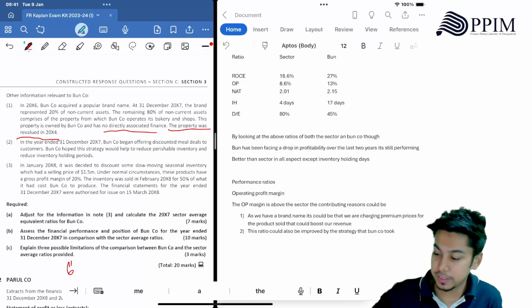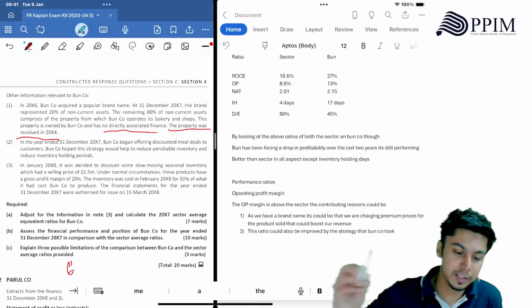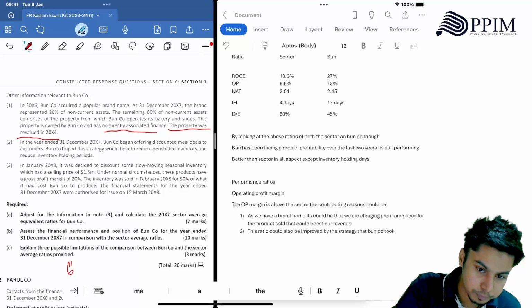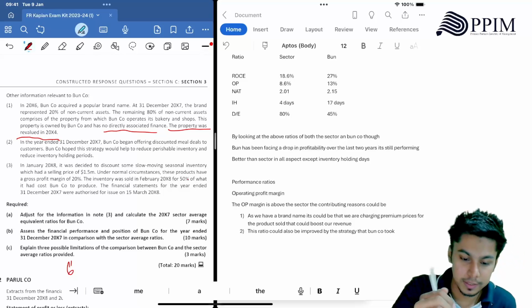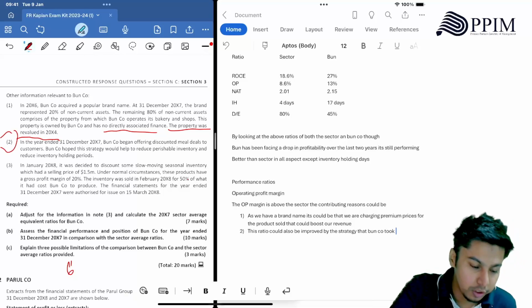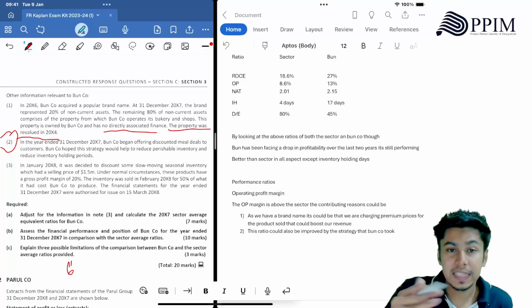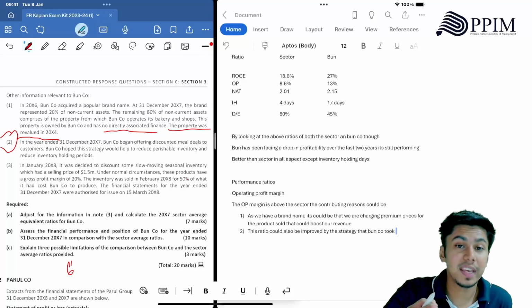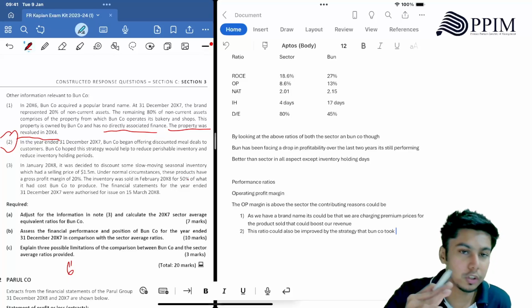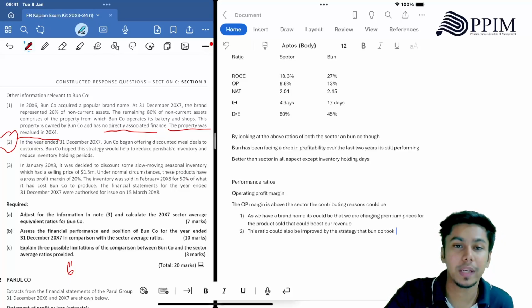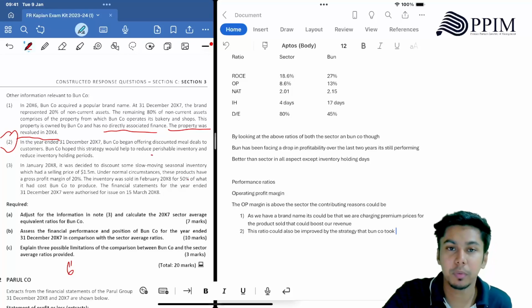Now guys, if you are wondering what strategy these people took, can you see number 2? They took a strategy to discount the prices and sell. So when you sell that way, there will be a boost in sales. When there is a boost in your sales, there will be a boost in your operating profit margin. That strategy is what I'm talking about.